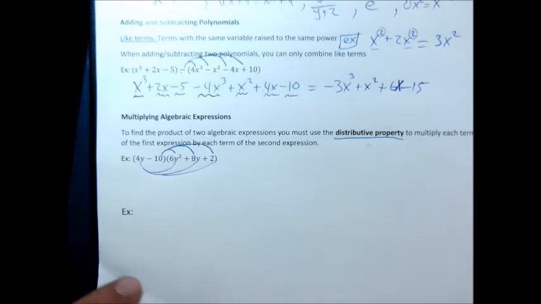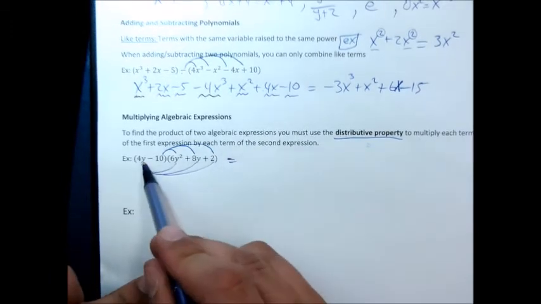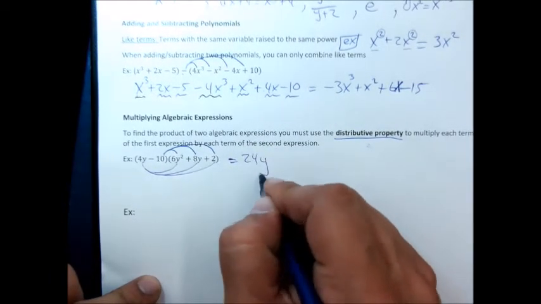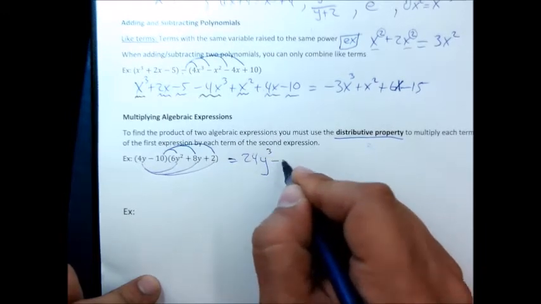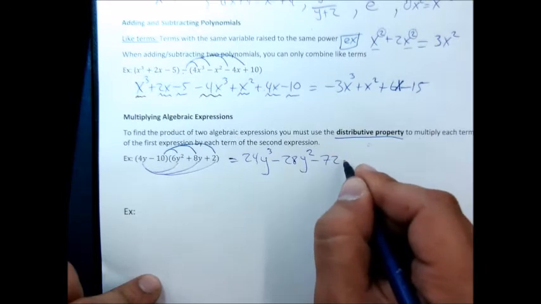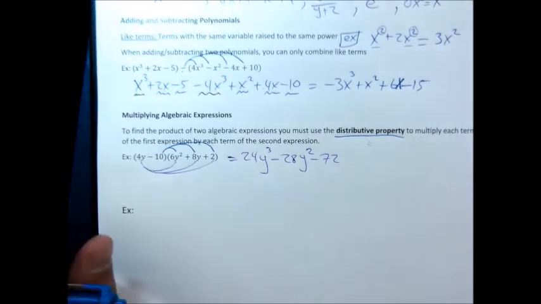So I'll do the 4y through. I'm going to take that 4y and multiply it through there. I'm sorry, I started looking at my answer, jumping ahead.